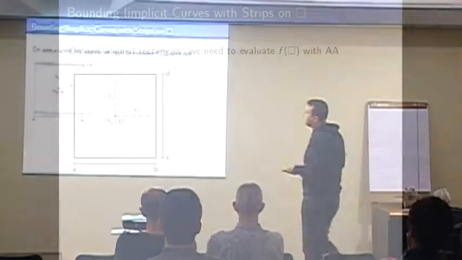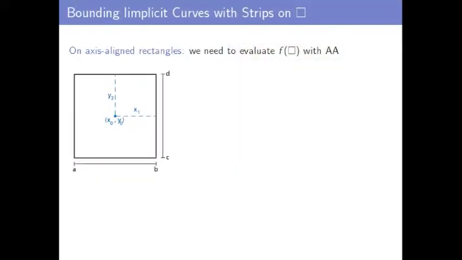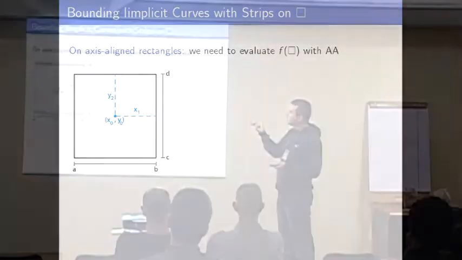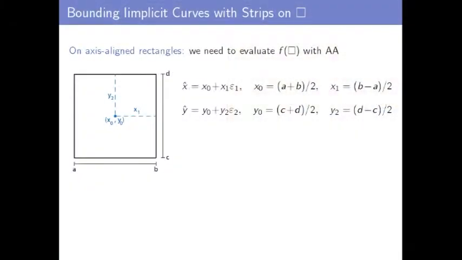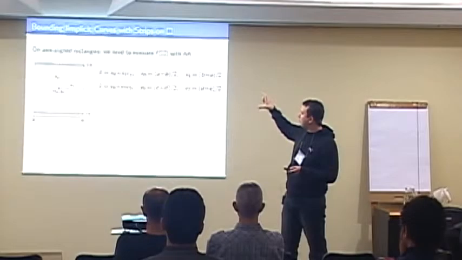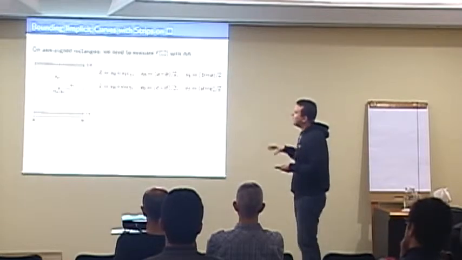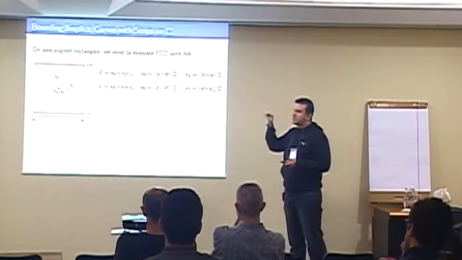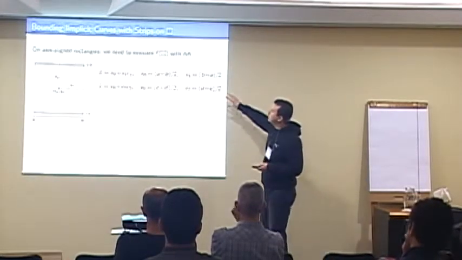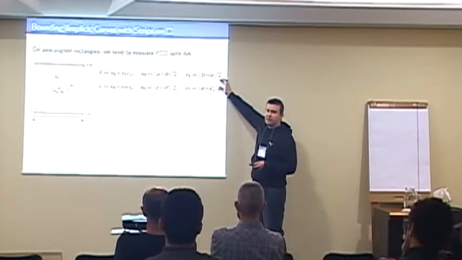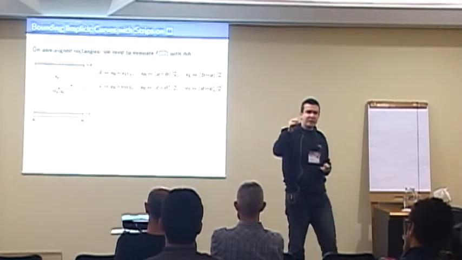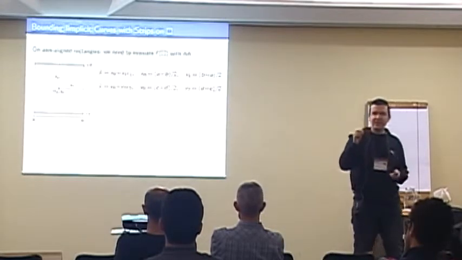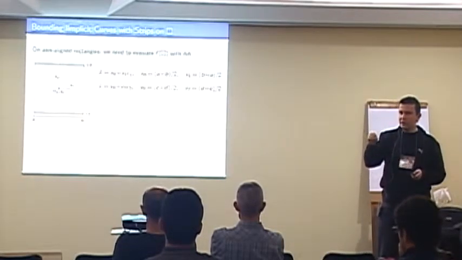Now we take the center point, the centroid of the rectangle, and the value x1 is half of the length of the interval [a, b], and y2 is half of the length of the interval [c, d]. We can represent any point inside this rectangle by these two affine forms: one affine form to approximate the x coordinate and another to represent the y coordinate.